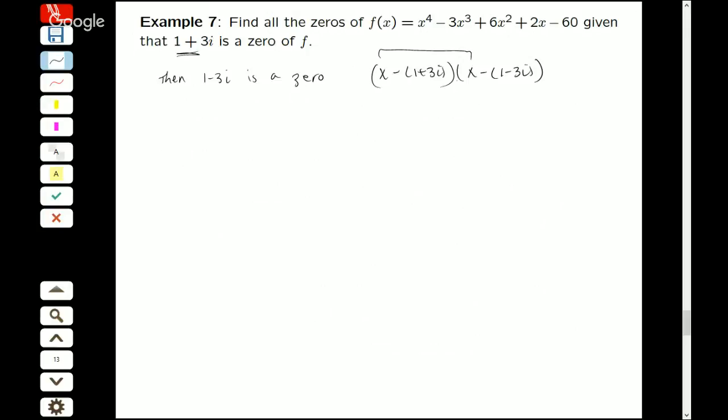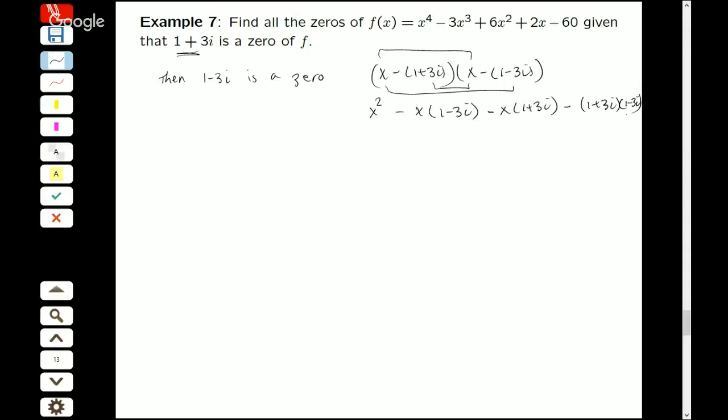So x times x is what? X squared. And then x times that last gives you x times (1 minus 3i). This one up here gives you, and that was a minus, and this one's a minus, x times (1 plus 3i), and then minus (1 plus 3i) times (1 minus 3i).